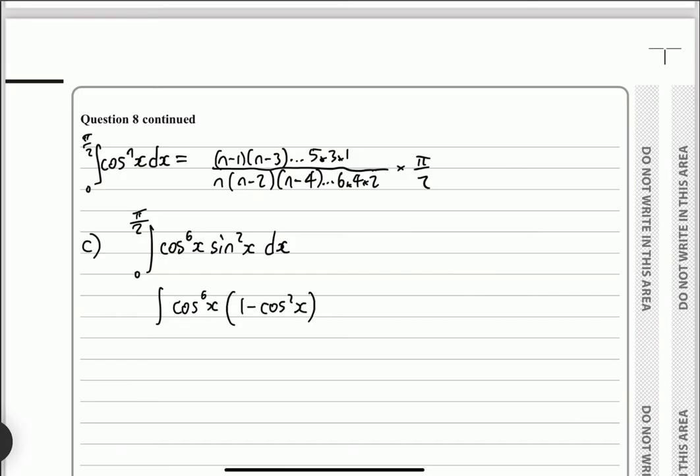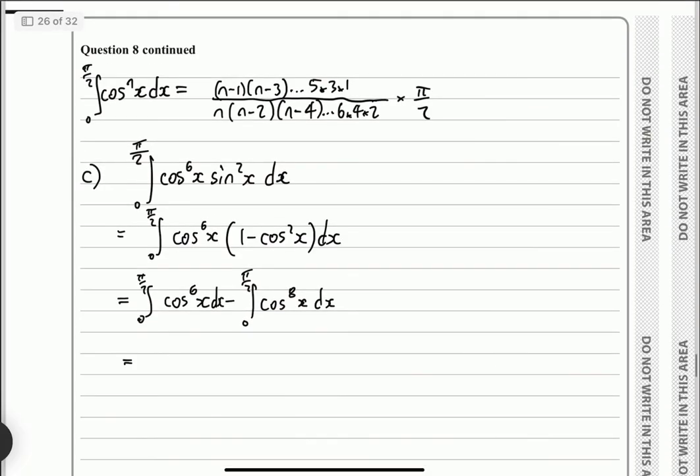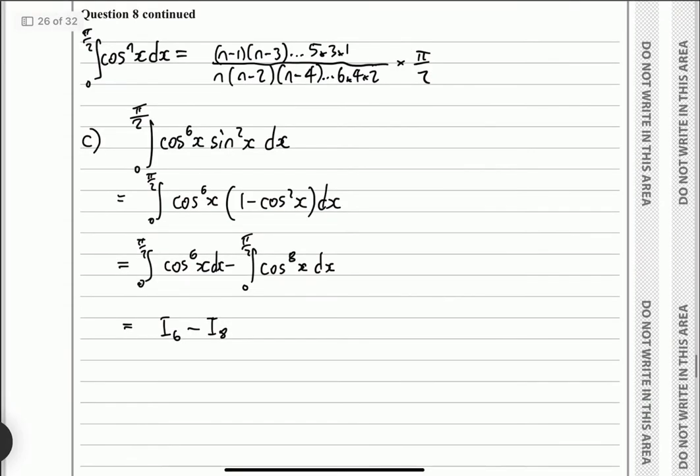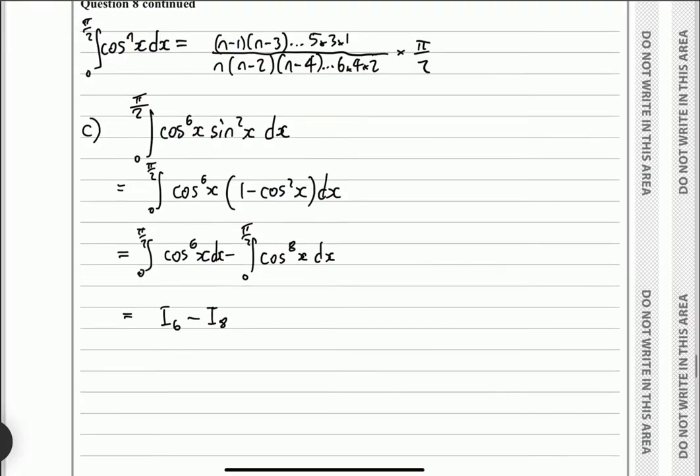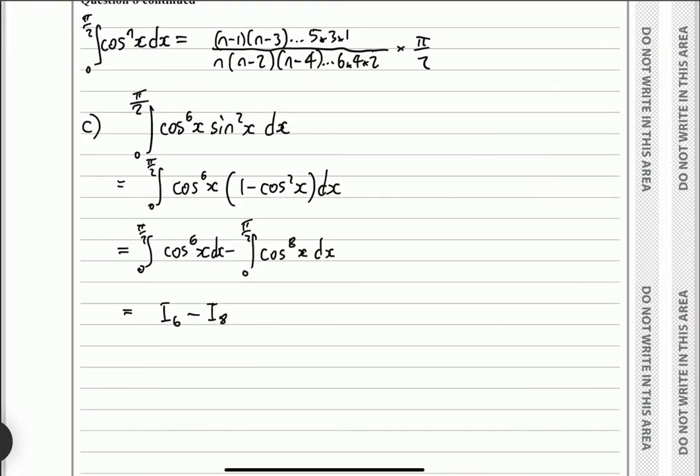So we're going to get two terms: 0 to pi by 2 of cosine power 6 minus 0 to pi by 2 of cosine power 8. I've split them just to make it really clear that that becomes I6 minus I8. Then we can evaluate using the expression at the top of the screen for 6 and 8.